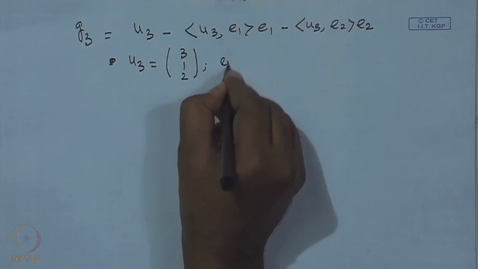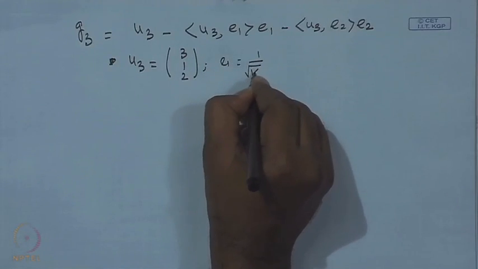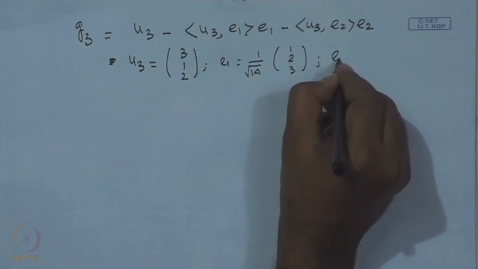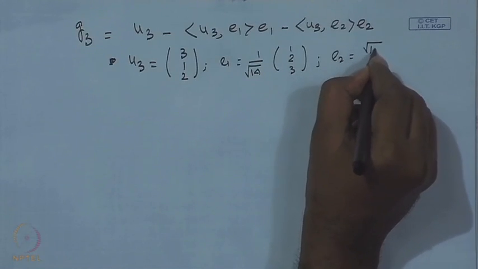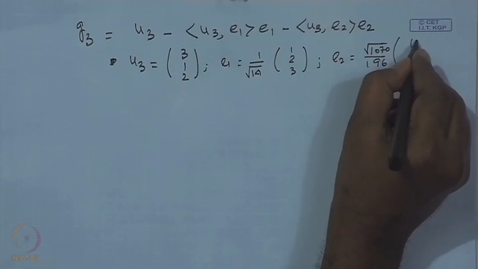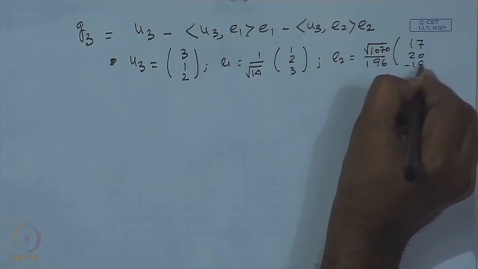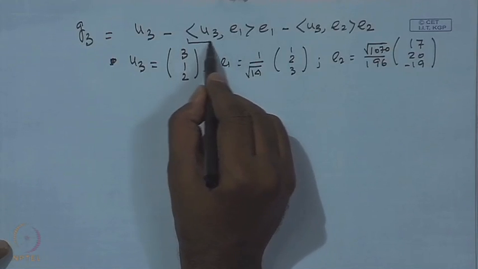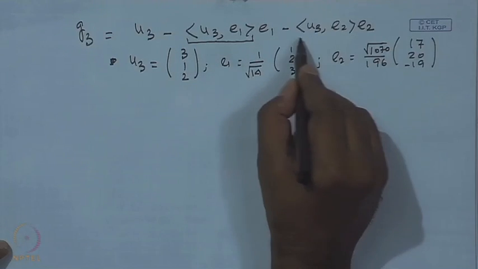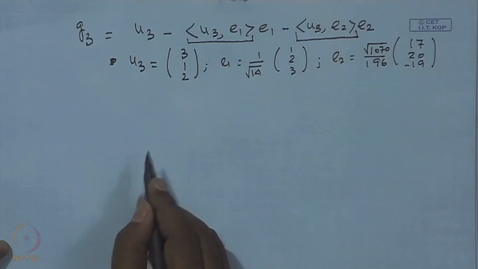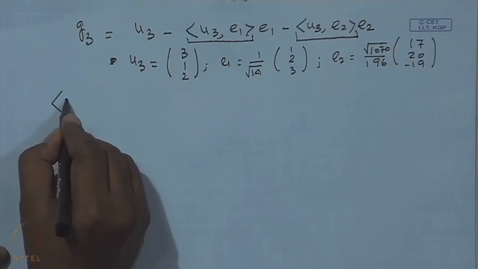U3 is 3, 1, 2, E1 is 1 over root 14, 1, 2, 3, and E2 is root over 1070 divided by 196, 17, 20, minus 19. So, we first evaluate the inner product of U3 and E1. Next, we evaluate the inner product of U3 and E2.